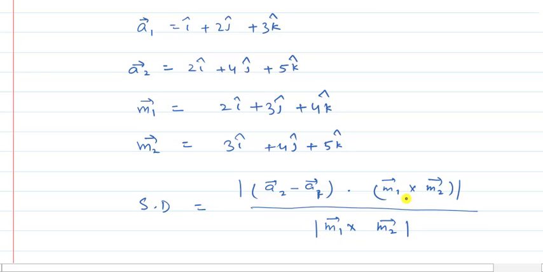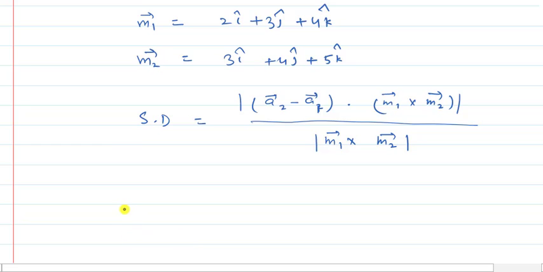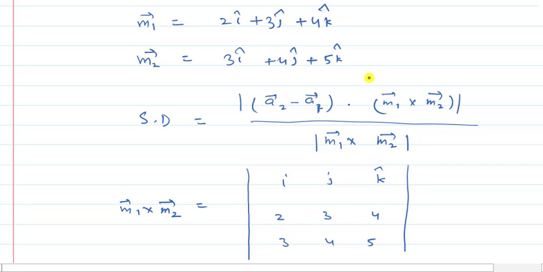It is clear that first of all we need to calculate M1 cross M2, which is equal to the determinant with i, j, k in the first row, 2, 3, 4 in the second row, and 3, 4, 5 in the third row.